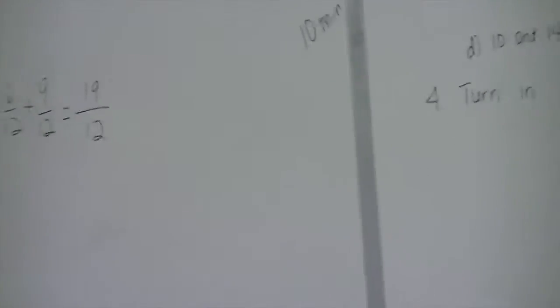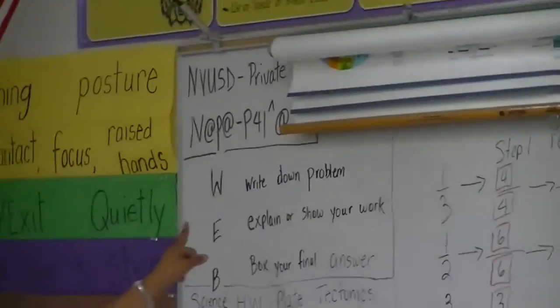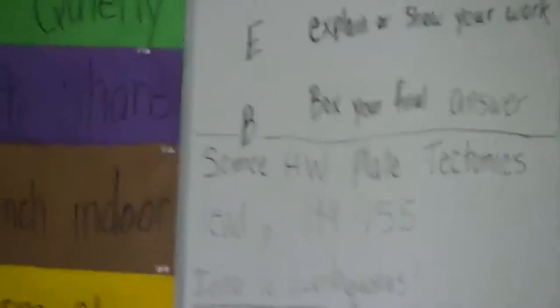But I remember from my WEB acronym that I need to write the problem. I did that. Explain my problem. I did that. And the last box, your final answer. So this is not my final answer. I've got to simplify that. So how do I do that? Divide it.